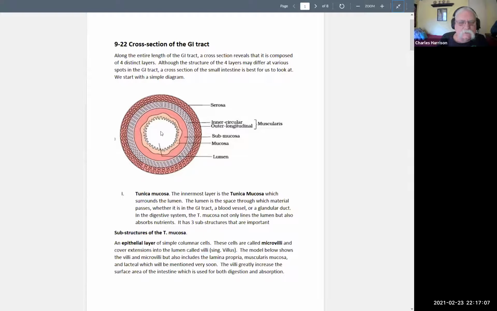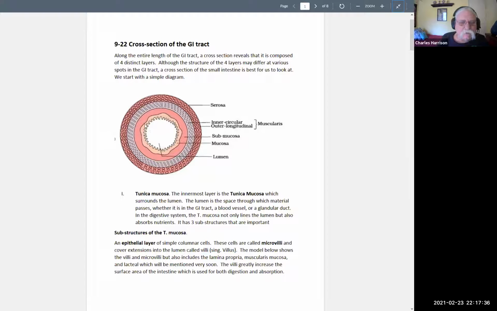Lumen is the conducting portion, the pathway, the channel. Sometimes it's filled with air when we're talking about the respiratory system, and digested food when we're talking about the digestive system. It's also filled with blood when we're talking about the circulatory system. It's always the lumen.